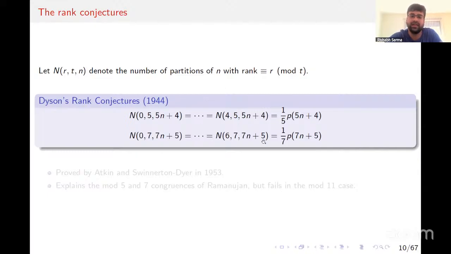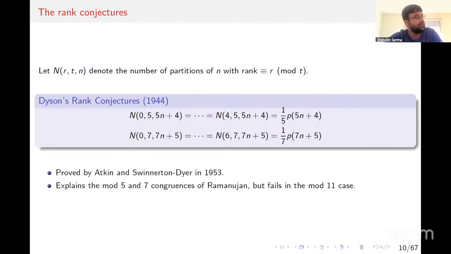So as to say, the rank statistic divides the partitions of 5n+4 into 5 equinumerous classes and 7n+5 into 7 equinumerous classes, thus providing a partial combinatorial interpretation of the Ramanujan congruences modulo 5 and 7. These two conjectures were proved by Atkin and Swinnerton-Dyer in 1954, and they explain the 5 and 7 congruences of Ramanujan, but they fail in the modulo 11 case.